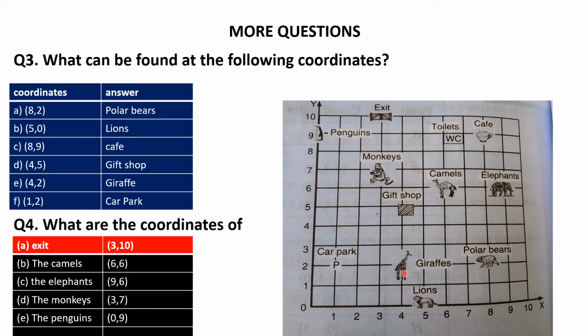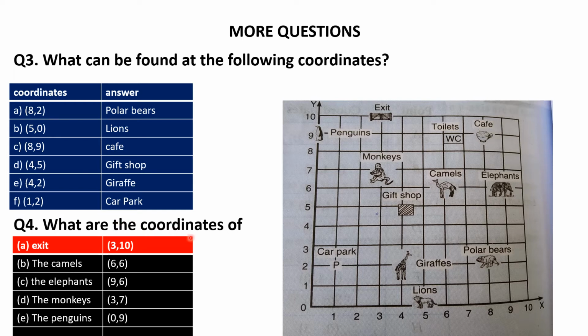That is a giraffe. Next 1,2. From x-axis you take 1 and from y-axis you take 2. That is a car parking. Similarly, whatever may be asked, first coordinate you always find out from the x-axis and the second coordinate is always from the y-axis.